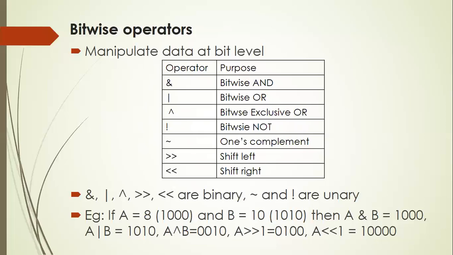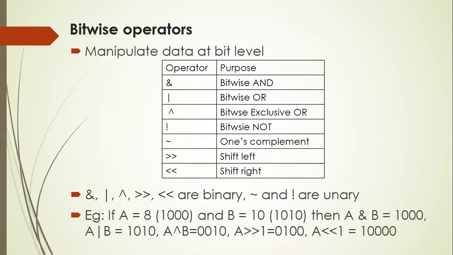Bitwise OR; a caret sign indicates bitwise exclusive OR; an exclamation mark denotes bitwise NOT; a tilde mark, that wave sign, denotes ones complement; and double greater than sign indicates shift right, and two times less than sign indicates shift left. Oh, sorry, it's a small mistake, you interchange that as shift right and shift left.